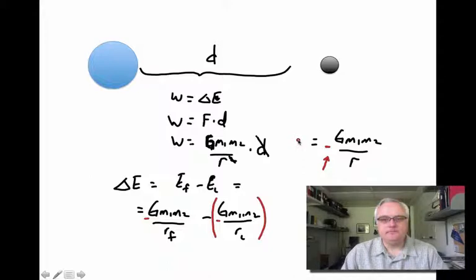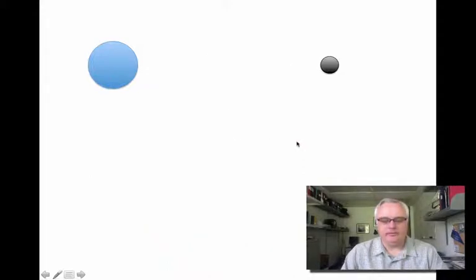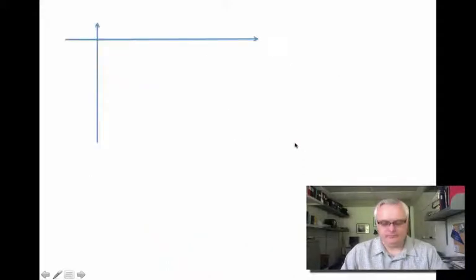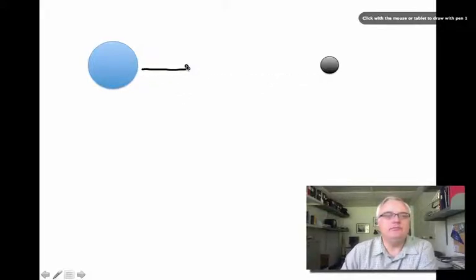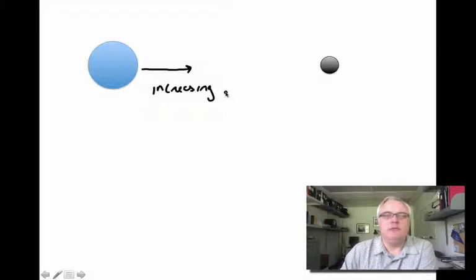Well, we know that when we're lifting this object from the surface of the Earth outwards, we're increasing energy. We know that when we lift something, I'm adding potential energy to it.